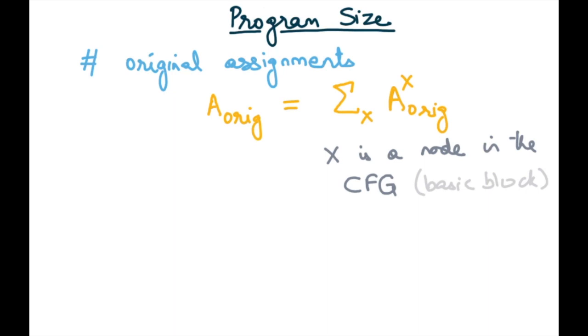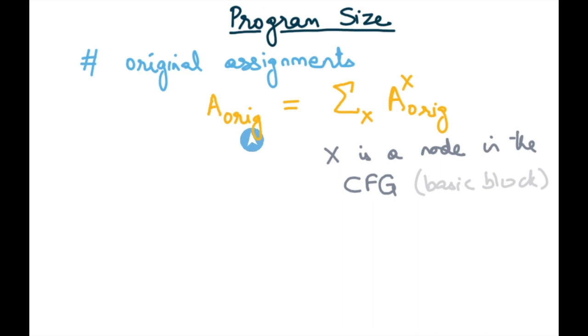It adds more trivial phi functions to the program. So there's one quantity which is the number of original assignments in the program, which I call A_orig. If I sum the number of original assignments over all the basic blocks X, then A_orig is the summation over X of A_orig(X), where X is a node in the CFG or a basic block in the CFG.